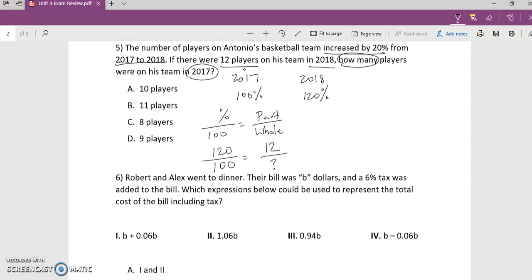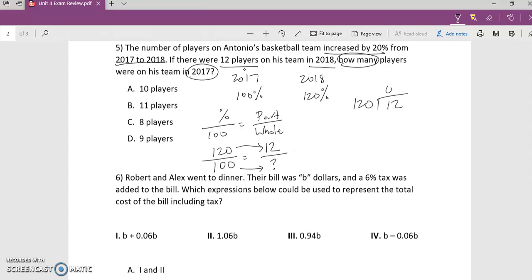I'm not sure. So I have to say, going from 120 to 12, what's happening? And then going from 100 to the number, what's happening? So I say, 120 on the outside, 12 on the inside.